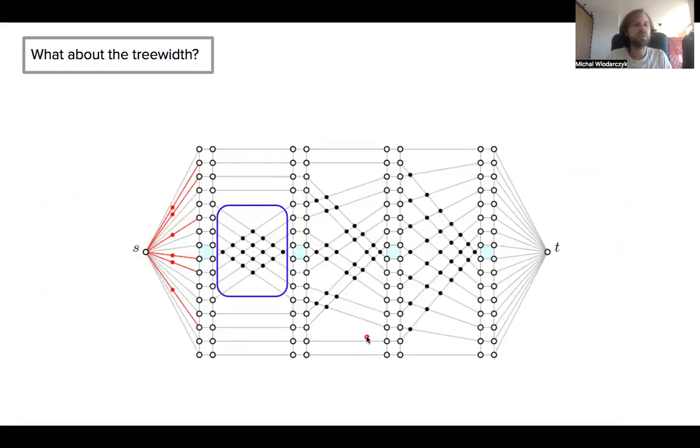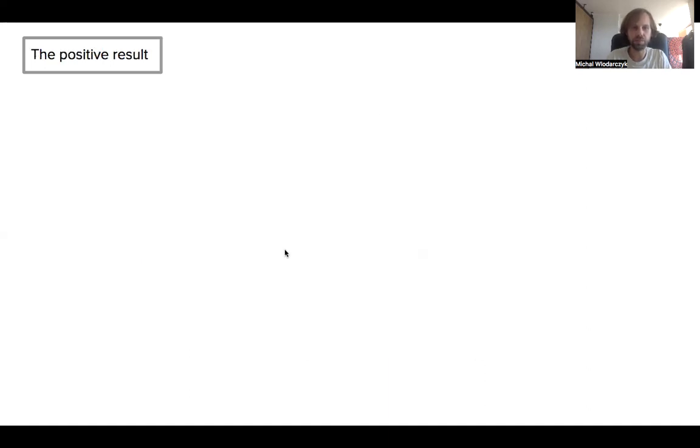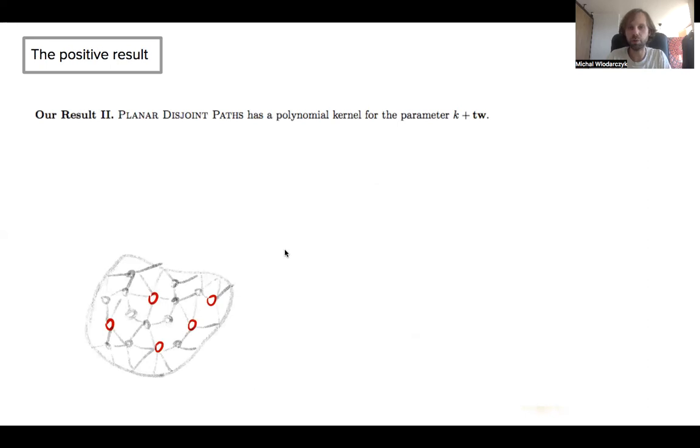And the last remark about this construction is that in this gadget, we create grids of large size. When we have large grids, then we have large treewidth. And this is unavoidable in the light of our second result, about which I will talk right now.